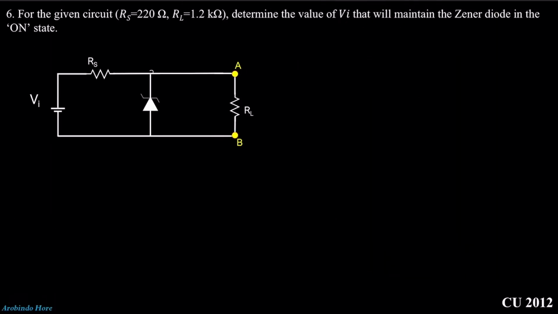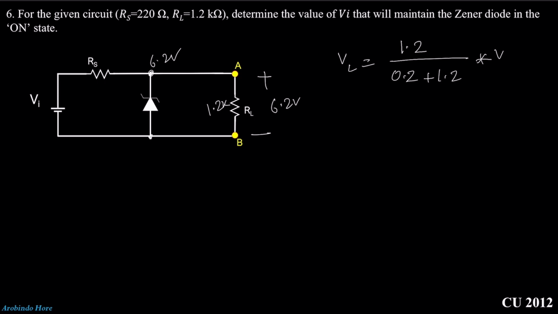First, the Zener will be turned on when this potential is 6.2 volt. That means the voltage across this 1.2k resistance is 6.2 volt. If we apply the voltage division rule, we can write V load equal to 1.2k divided by 0.2 plus 1.2, into Vi. I just calculate the output load voltage when the Zener is off, to find the voltage at which the Zener will be turned on.